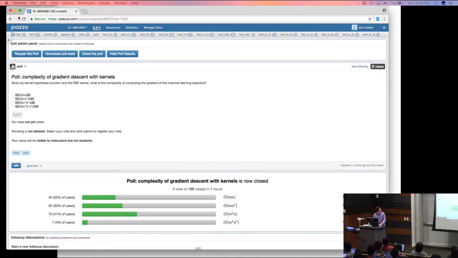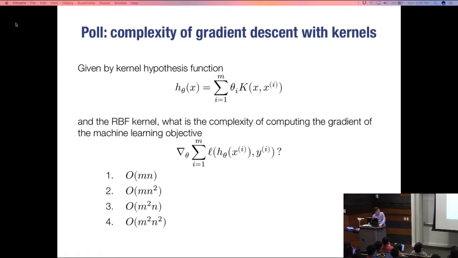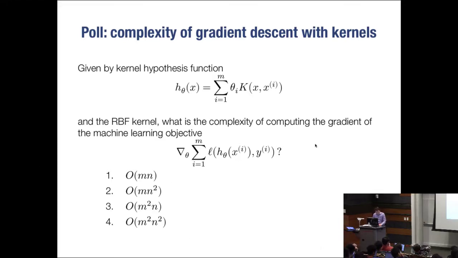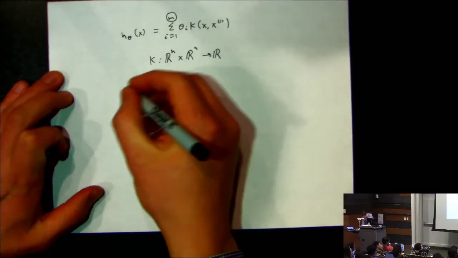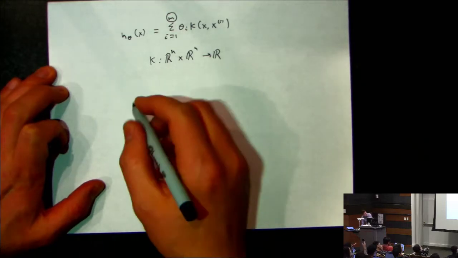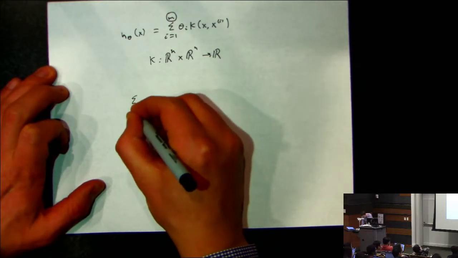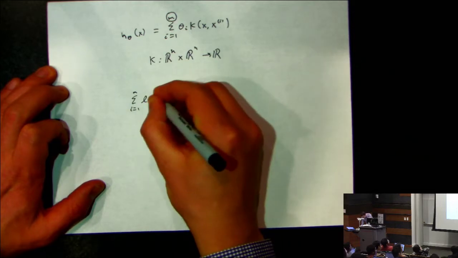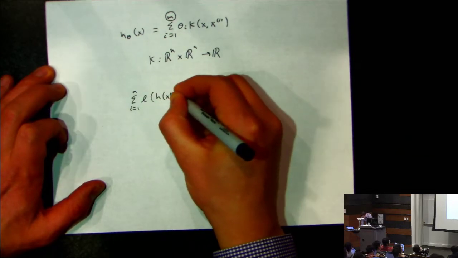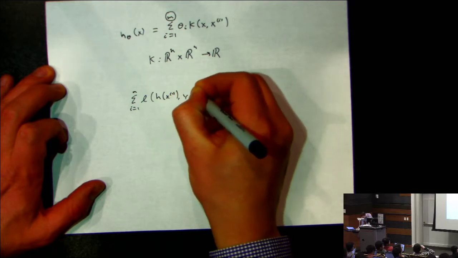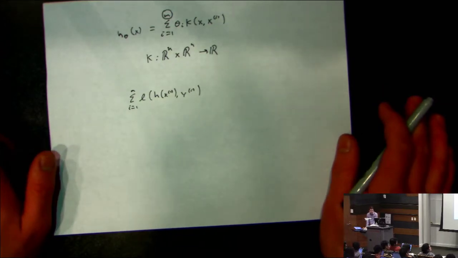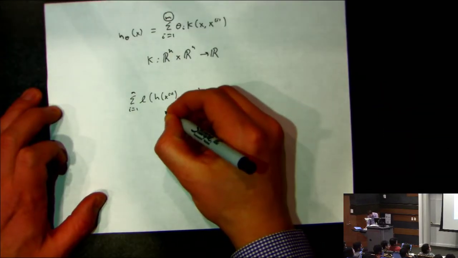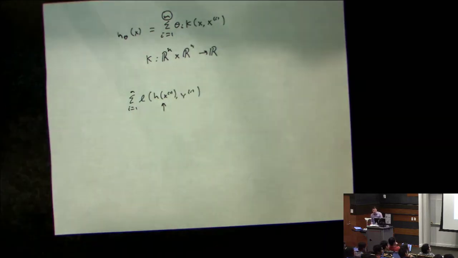Let me show one way of seeing that, and actually one way is to ignore gradients entirely. We don't even need the gradient to show this. Let's just compute the objective, right? I'm computing the sum from i equals 1 to m of the loss between h of x_i and y_i. So I have to go through this loop m different times, and this thing here also requires a loop over m things.